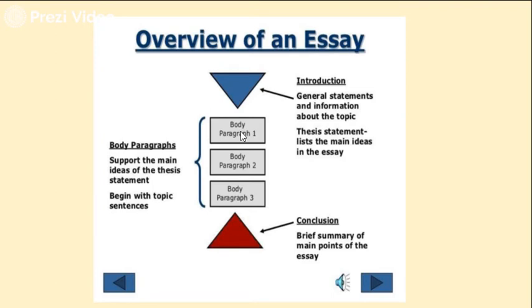Let me take the example of water pollution because it's what we're talking about this year. Body paragraph 1, water pollution in Lebanon is caused by industries dumping toxic chemicals into the water bodies. 2, sewage water, and 3, garbage pollution.